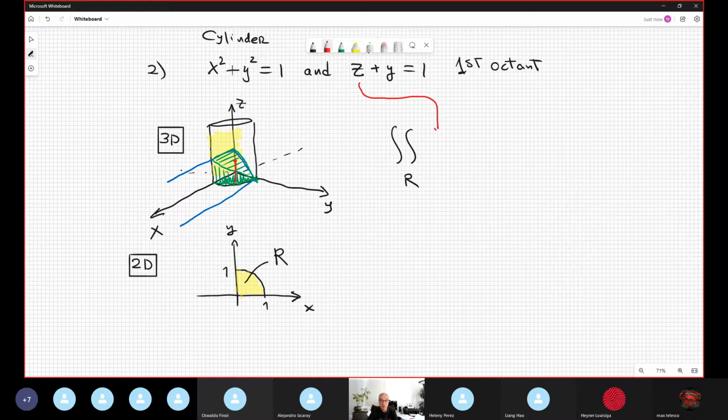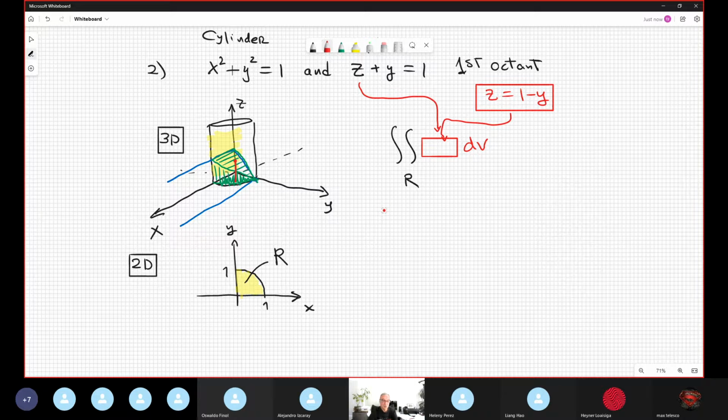Bueno, z is equal 1 minus y. I copy this inside the box. What is the reason I don't continue in Cartesian? Because, in my opinion, it's much better doing it by polar.